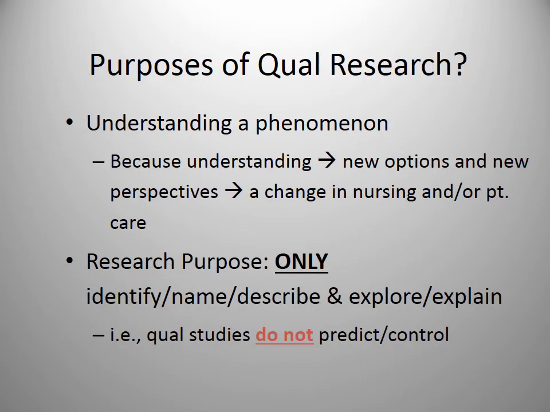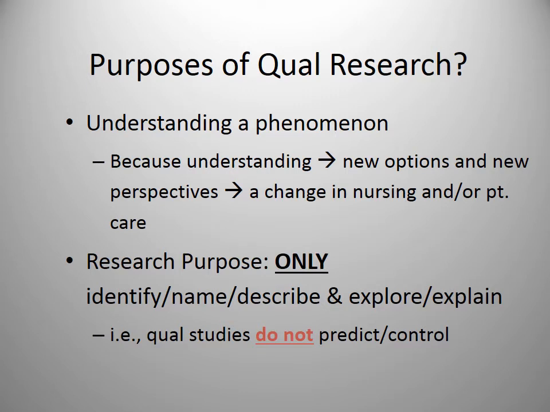The purpose of this type of research is to understand a phenomenon that we really don't know anything about yet. So it gives us new perspectives, a change in an idea, hopefully a change for bedside care and patient care. It is for research only. We don't predict and control with qualitative studies.